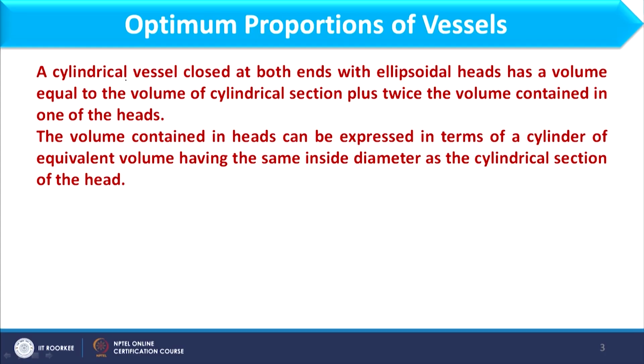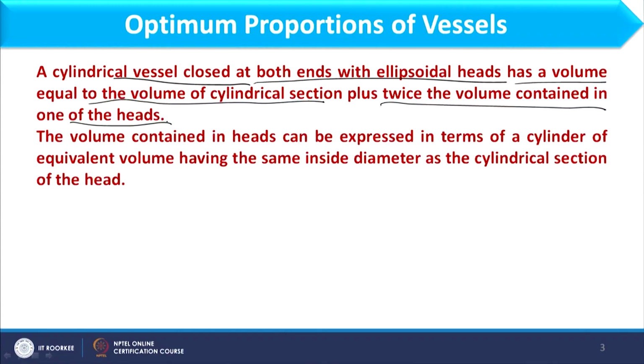So, for optimum proportion of the vessel we have considered a cylindrical vessel closed at both ends with ellipsoidal heads. Okay. So, the formed head we are considering is an ellipsoidal head, and the vessel has volume equal to the volume of the cylindrical section plus twice the volume contained in one of the heads.